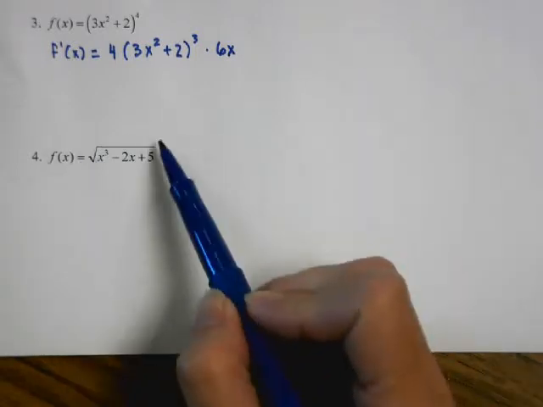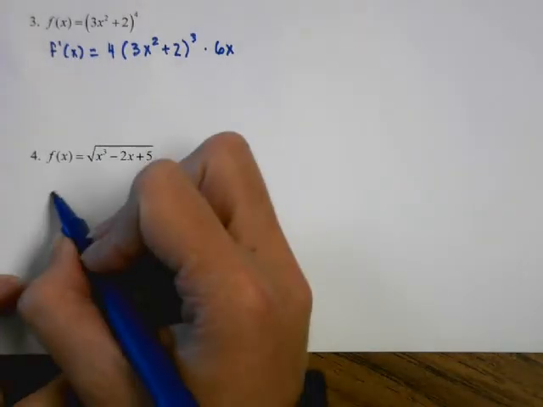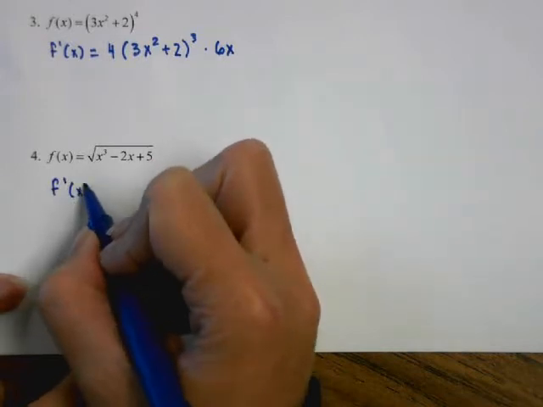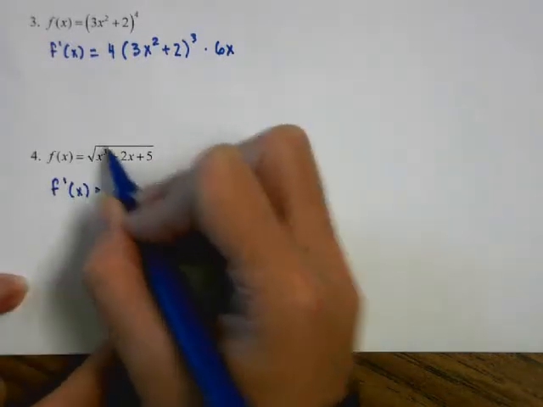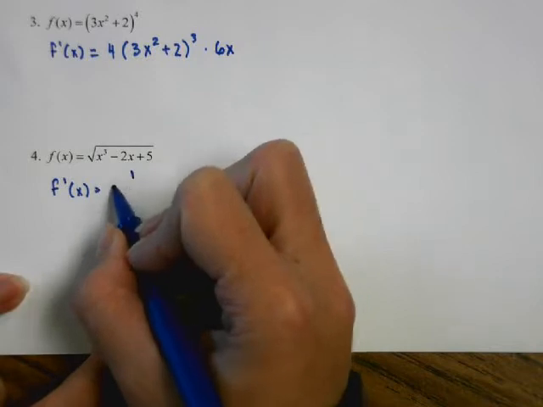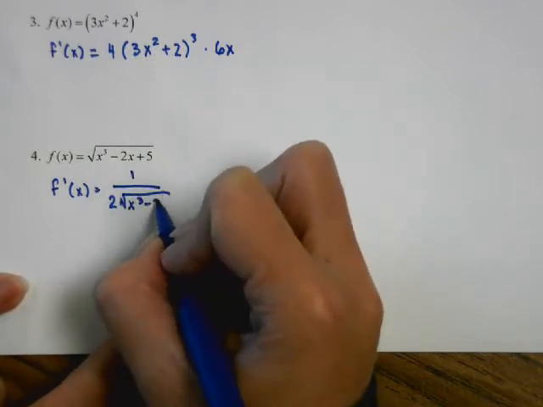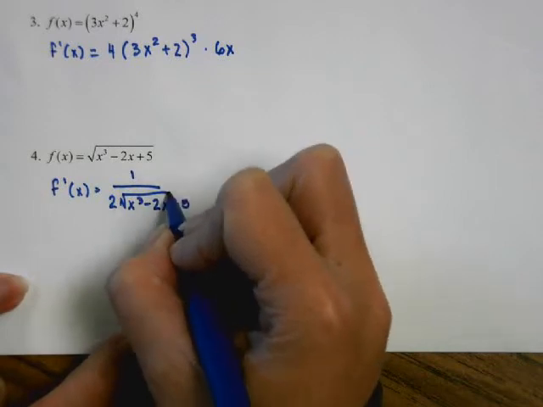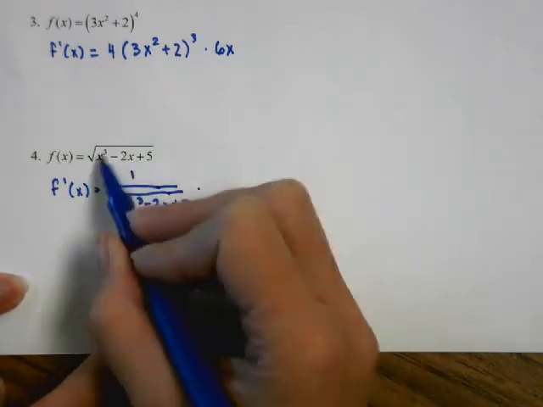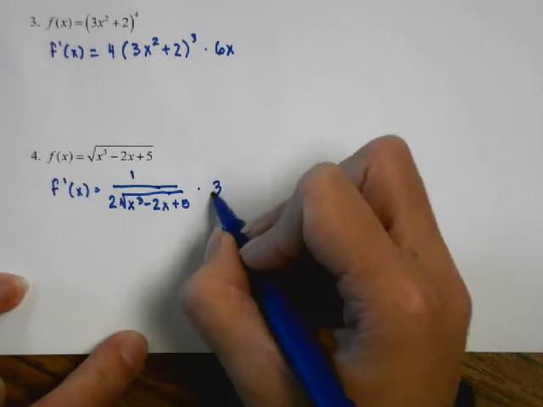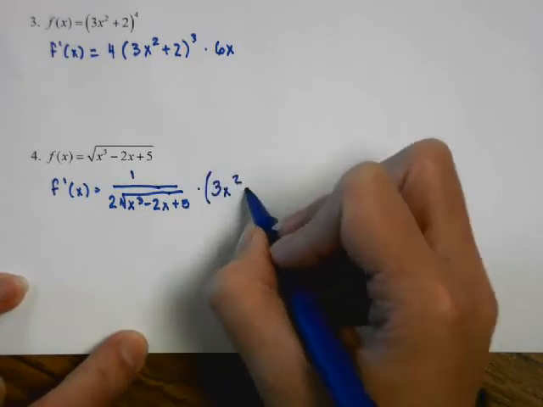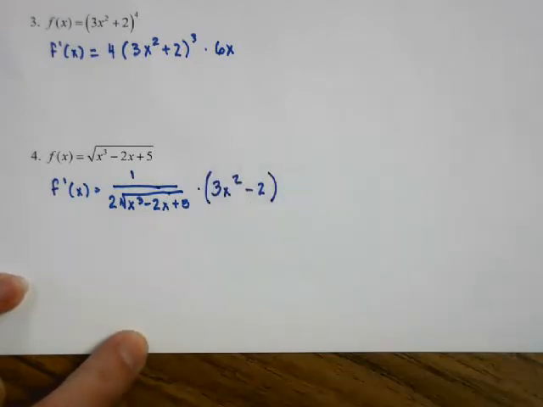Here you could write this to the 1/2 power if you choose, or we're just going to use our rule. The rule for square root is 1 over 2 root, in this case, of x cubed minus 2x plus 5. Then we multiply that by the derivative of that, which is 3x squared minus 2.